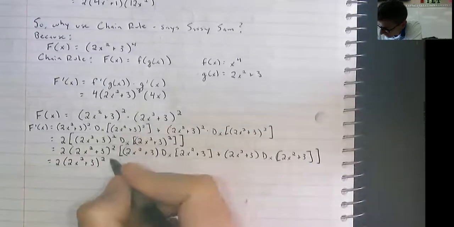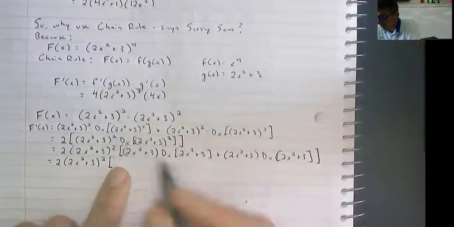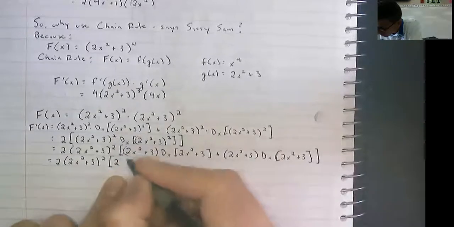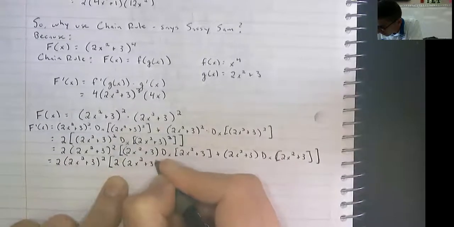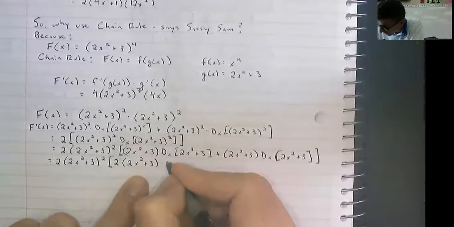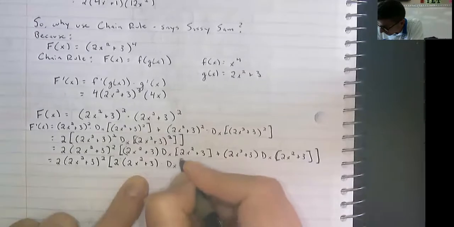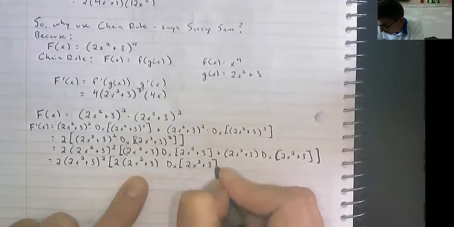We're now going to say inside here, we've got 2 times (2x squared plus 3) times dx of (2x squared plus 3).